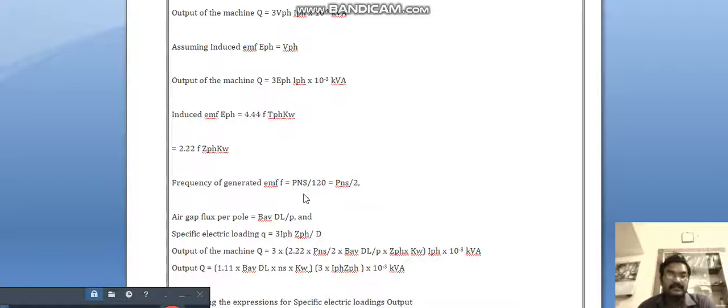Air gap flux per pole is equal to Bav π D L by P. Air gap flux is determined by the specific magnetic loading Bav.